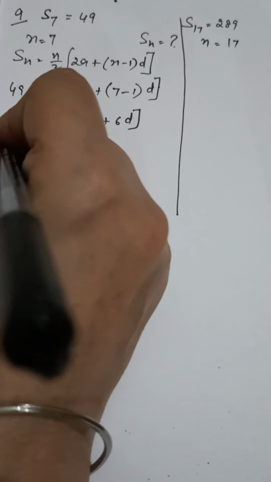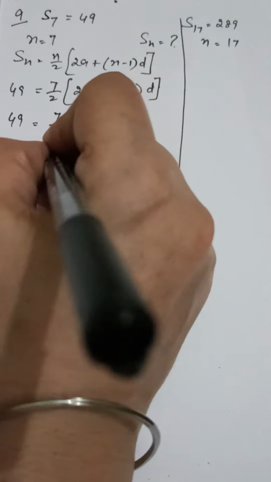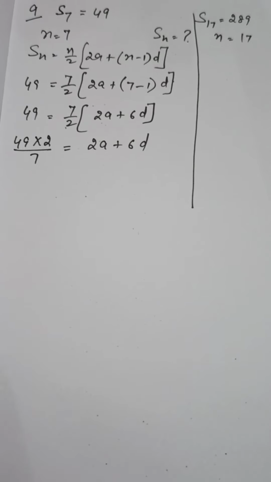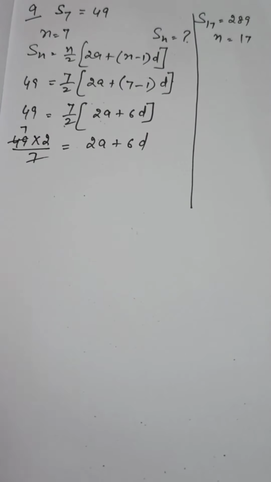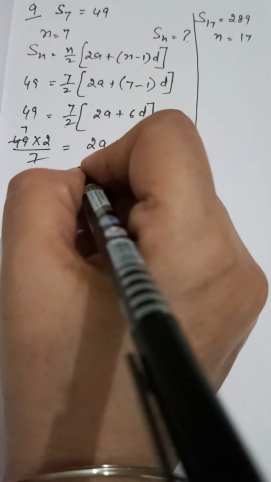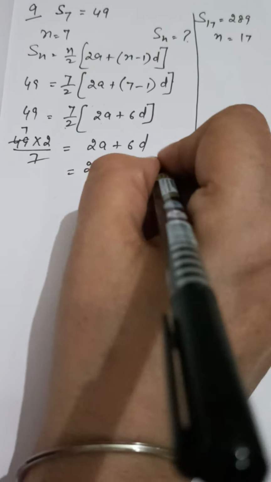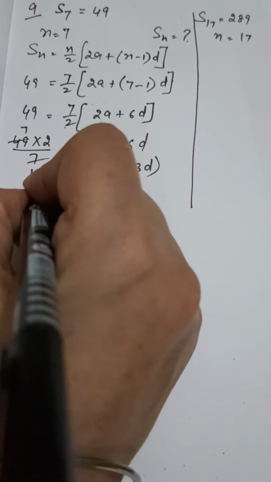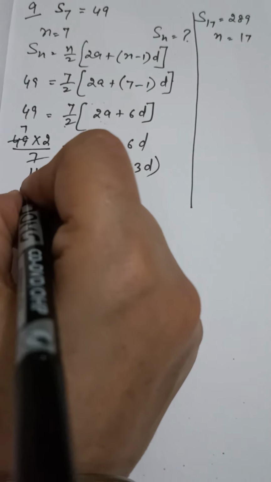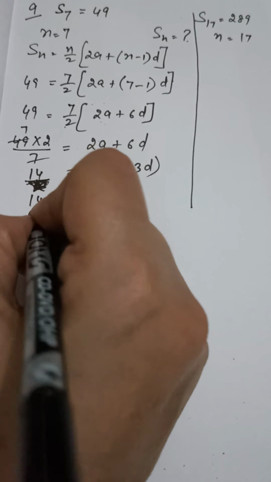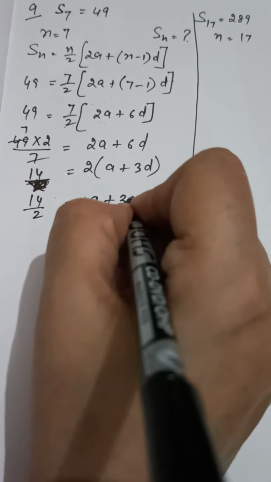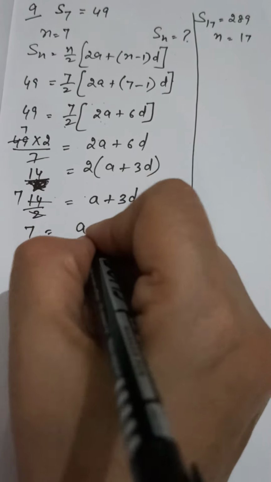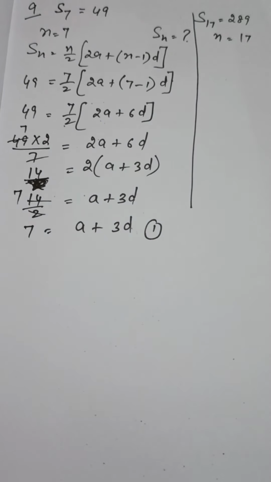We get 49 multiplied by 2 upon 7. Here left is 2a plus 6d. 7 sevens are 49, and 2 can be common on the right hand side, so 2a plus 3d. 2 moves to this side, so 2 will divide this, we get 14 upon 2, that is equal to a plus 3d. 7 is equal to a plus 3d. It is equation number 1.